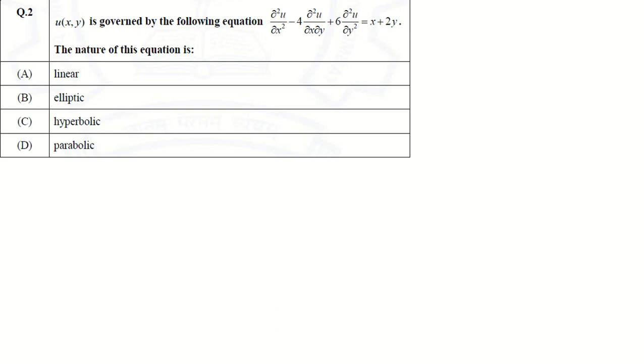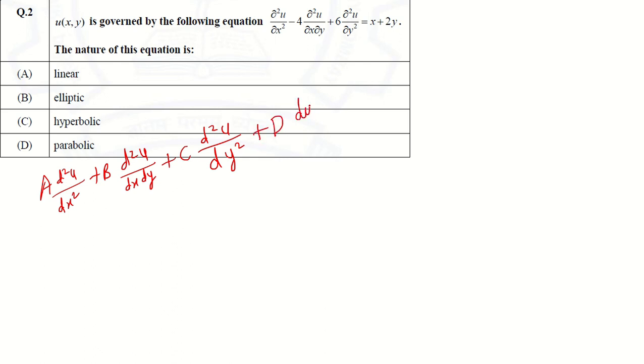The nature of this equation is, so first of all, we have to know the general equation: A d2u by dx square plus B d2u by dx dy plus C d2u by dy square plus D du by dx plus E du by dy plus F u is equal to G. This is a general equation.